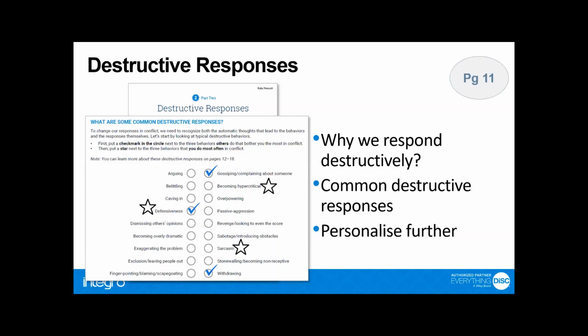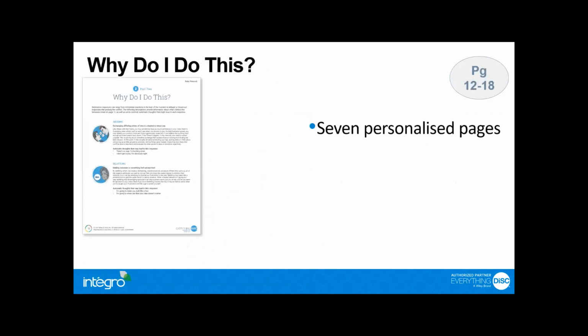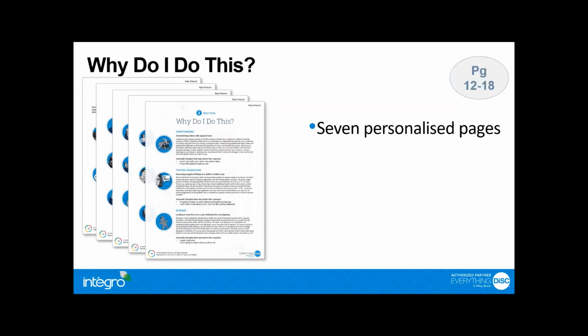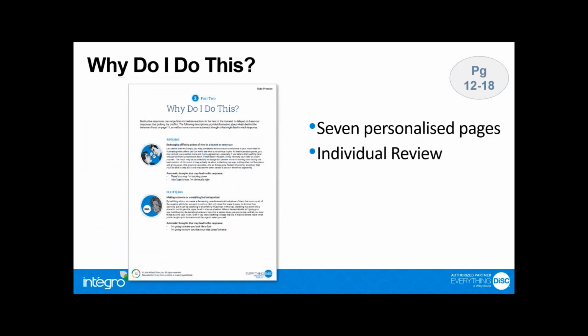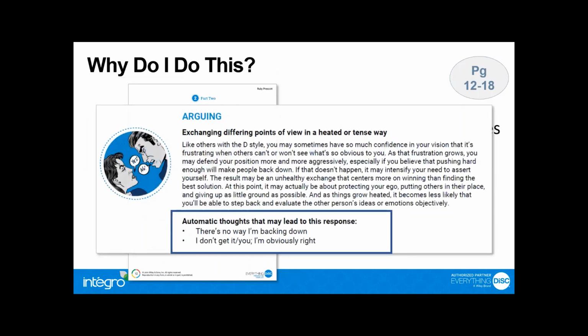And put a star on those that you tend to use most commonly yourself, all right? And then we go into the 7 personalized pages where these destructive responses are described. And let's zoom in on one of those.